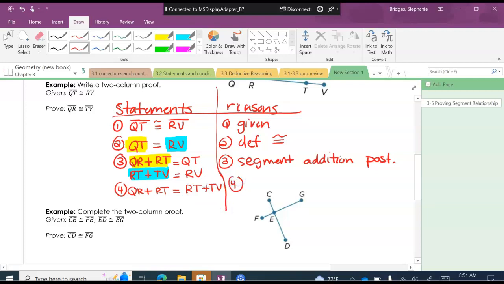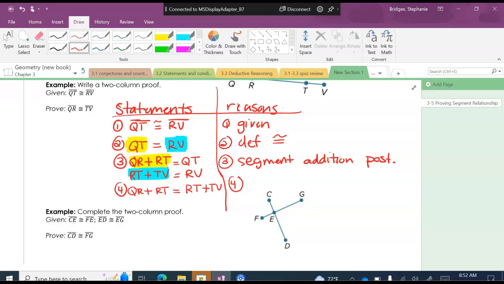Okay, so let me show you what I did because it's easier for me to show you up here. If you look at step 2, and then we look at step 3, let me try to keep it color-coded. What I did was I took this QT out and I replaced it with what I said it was equal to.